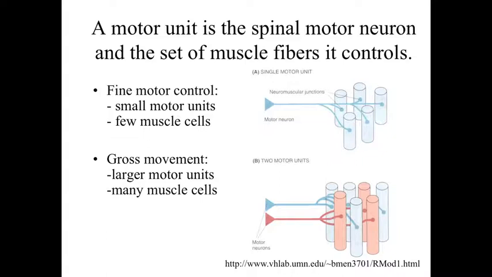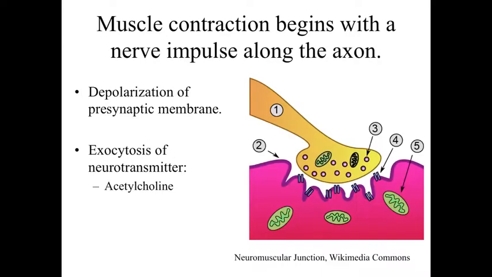In that case, you're going to have small motor units. You still have one spinal cord motor neuron, but it's going to innervate, or control, many fewer muscle cells. That allows a very finite, very regulated control of the muscle cells.